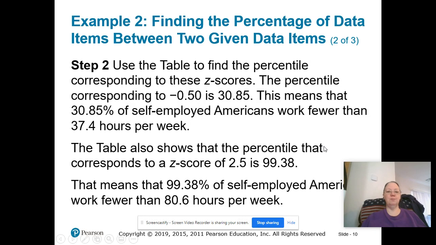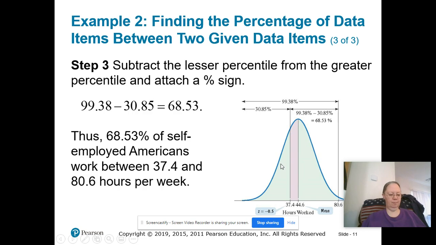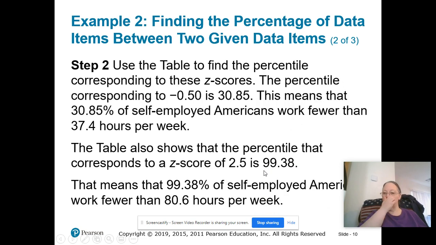All right. So where's my table? Apparently I don't have a table. Okay. Sorry, I don't have the table for you.